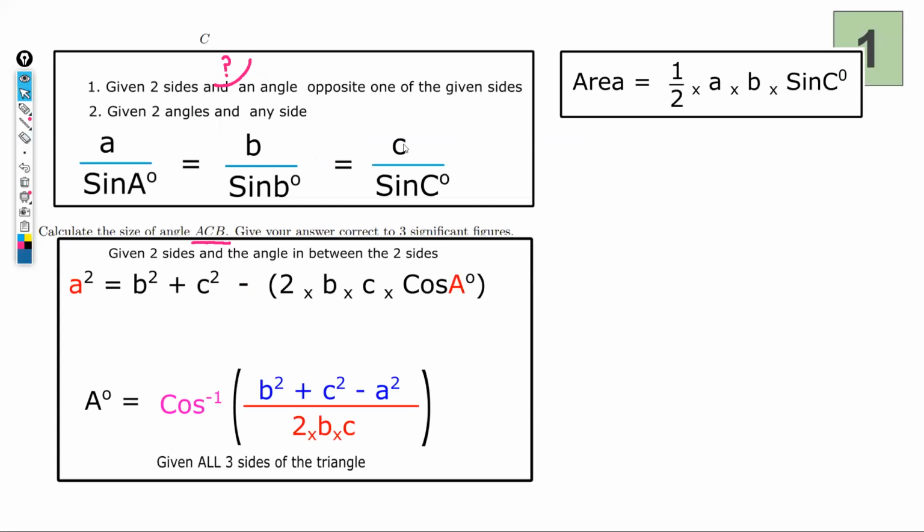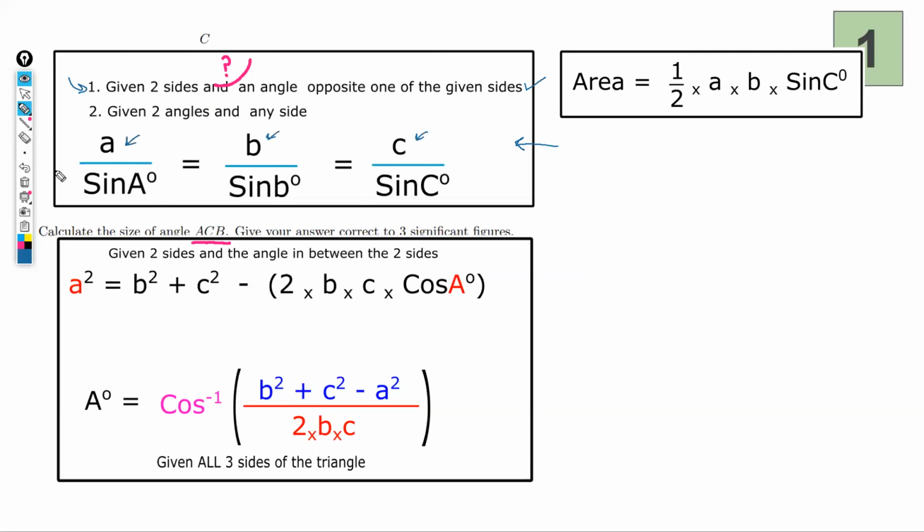So if you look at the hard sine rule, that's this rectangle here, you'll notice that you're allowed to use the hard sine rule if they give you 2 sides and the angle opposite one of the sides, which is what we just said, or if you're given 2 angles and any side. But at least condition 1 applies, right? Because we were given 2 sides and an angle opposite to one of the sides. Remember, the common letters go on top and the capital versions go underneath.